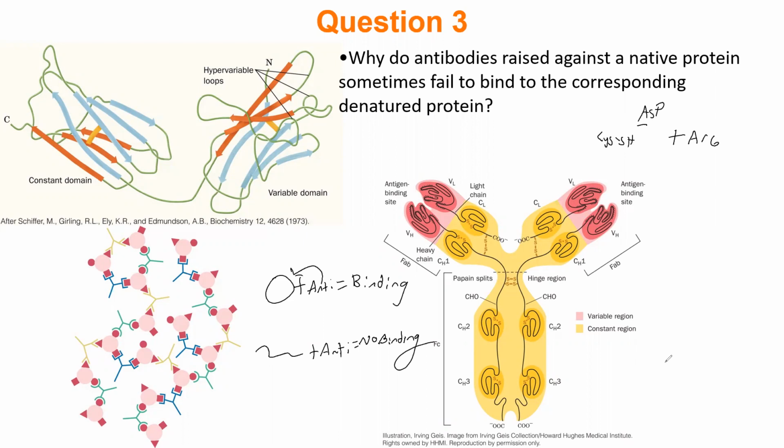The protein is not in its native form, might not be functioning properly. That is true, but antibodies actually don't care if a protein is functioning or not. Antibodies look for specific shapes and specific characteristics. And by characteristics, I mean charge, polarity, or hydrophobic characteristics.